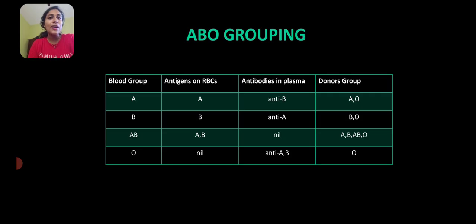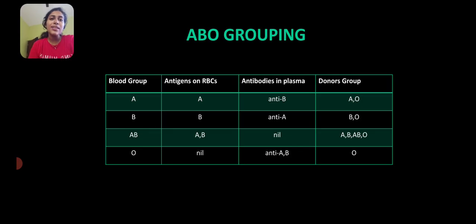So a person who has the AB blood group is considered the universal recipient because of the absence of the antibody in the recipient plasma. Similarly, a person who has the O blood group has no antigen A, no antigen B, but has the antibody anti-A and anti-B.